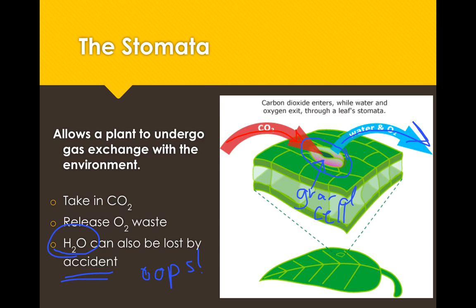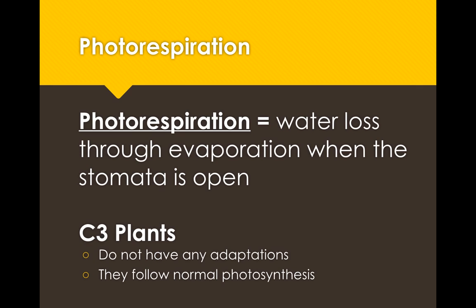Plants don't really want to lose water, but anytime they open up the stomata, water can be lost, and that's kind of an accident when that occurs. So something called photorespiration occurs, which is when water is lost through evaporation, when the stomata is open.